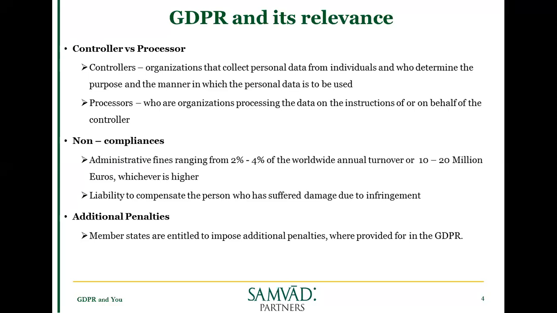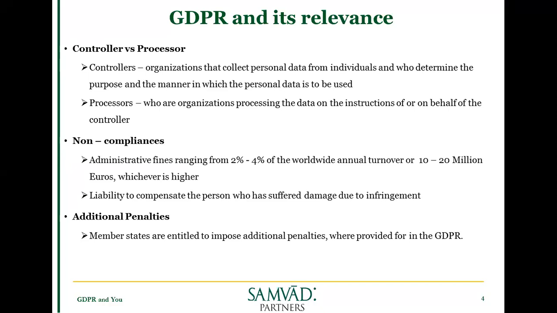Right now, before going into that, another important point is that the penalties for non-compliance are very high under the GDPR. Not only are you liable to pay administrative fines ranging from 2 to 4% of the worldwide annual turnover, or 10 to 20 million euros, whichever is higher, for any non-compliance, you are also liable to compensate the person who has suffered damage due to the infringement or a data breach.